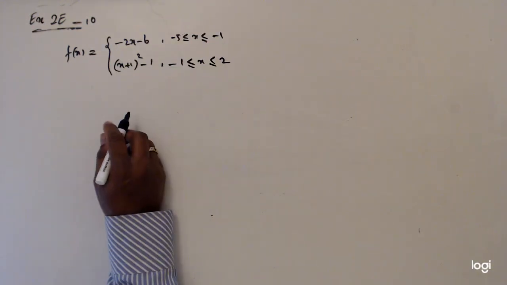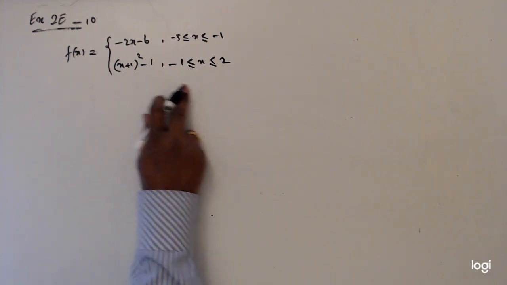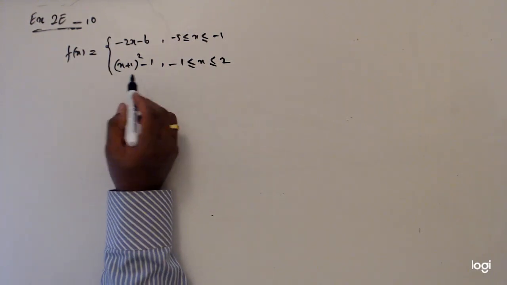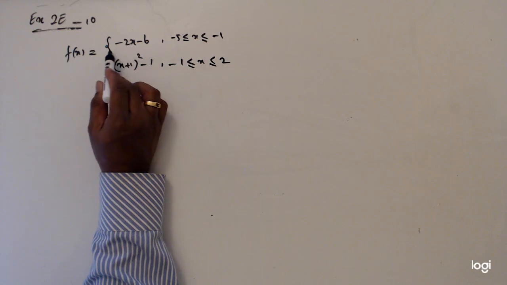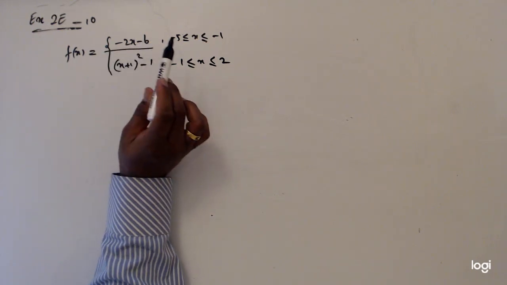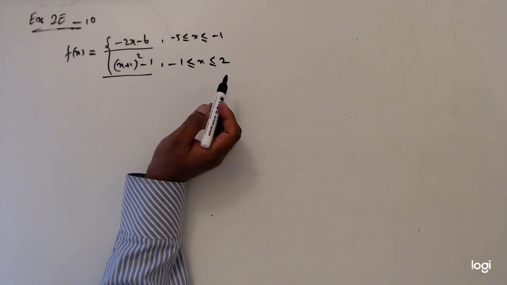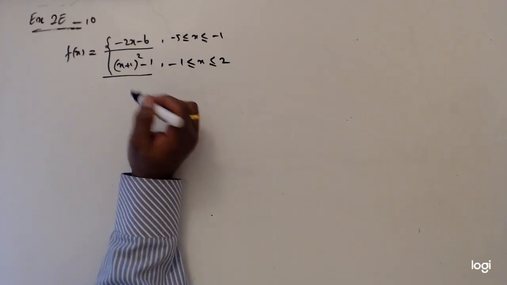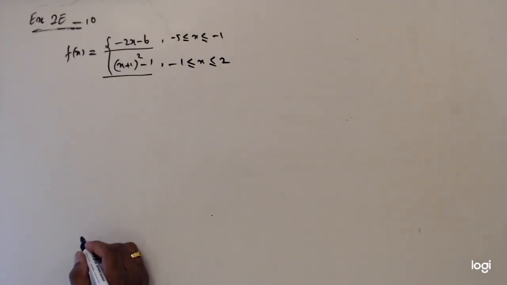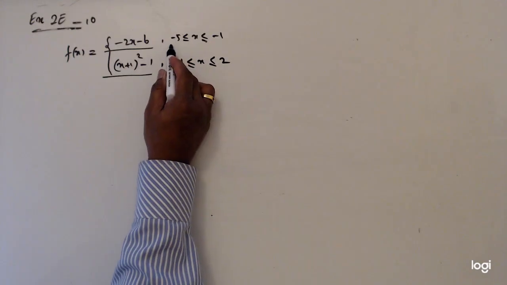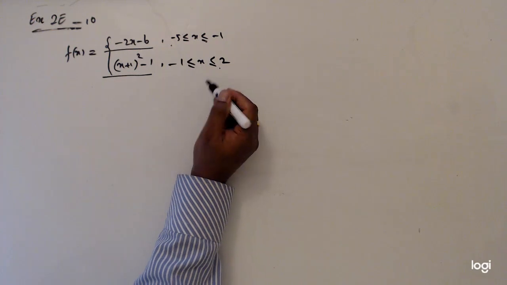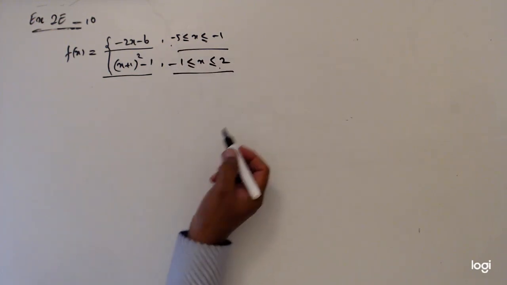Question number 10. When we look at this one, we can see that this is a piecewise defined function. This is a line, and this is a quadratic graph. The boundaries are minus 5 to 2.